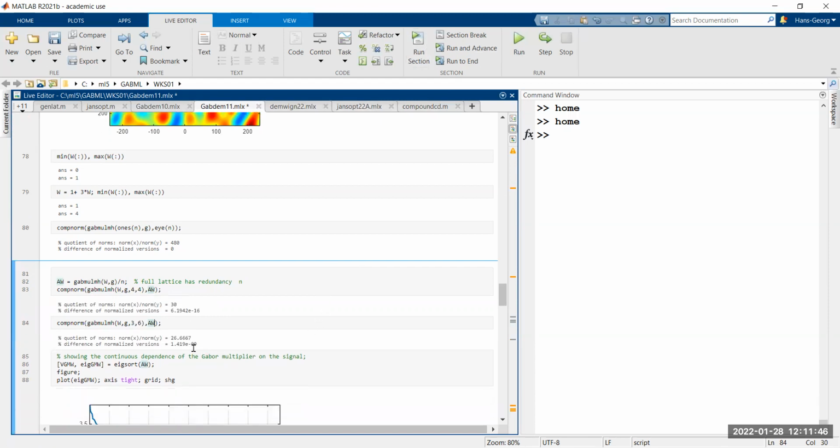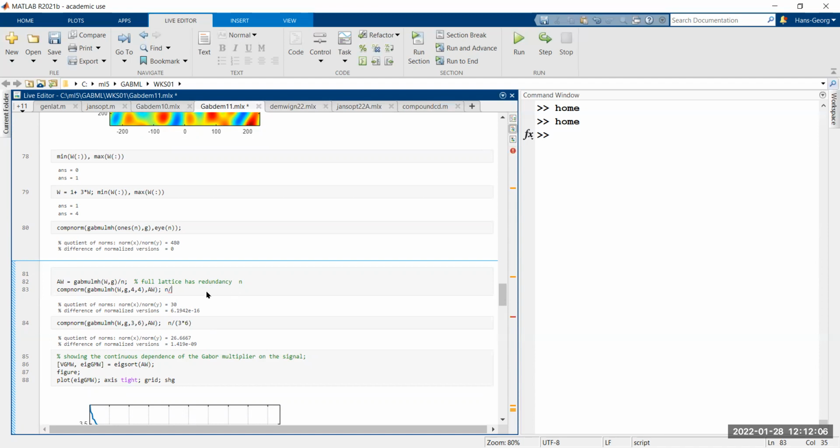It's just up to some number, which is the redundancy of the lattice with lattice constants 3 and 6. So maybe we check this also, 3 times 6, which is 18. And here we should have n divided by 18.